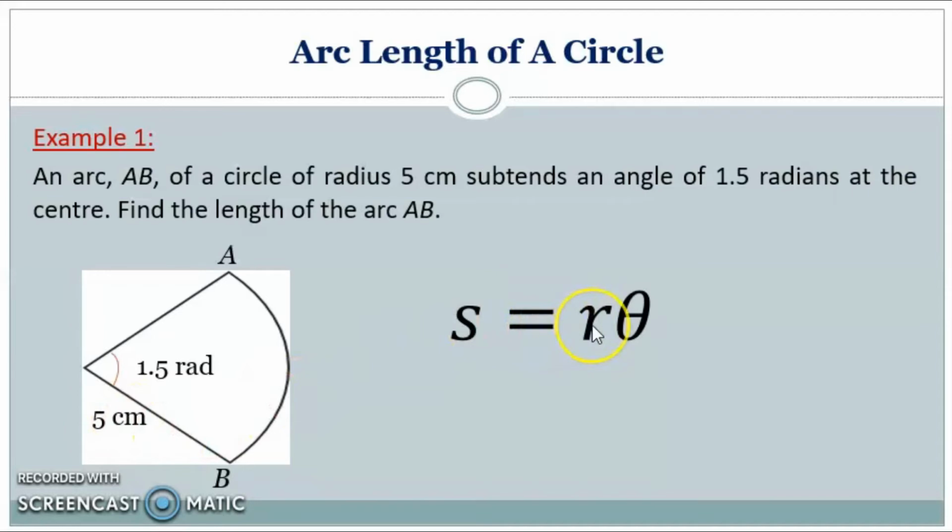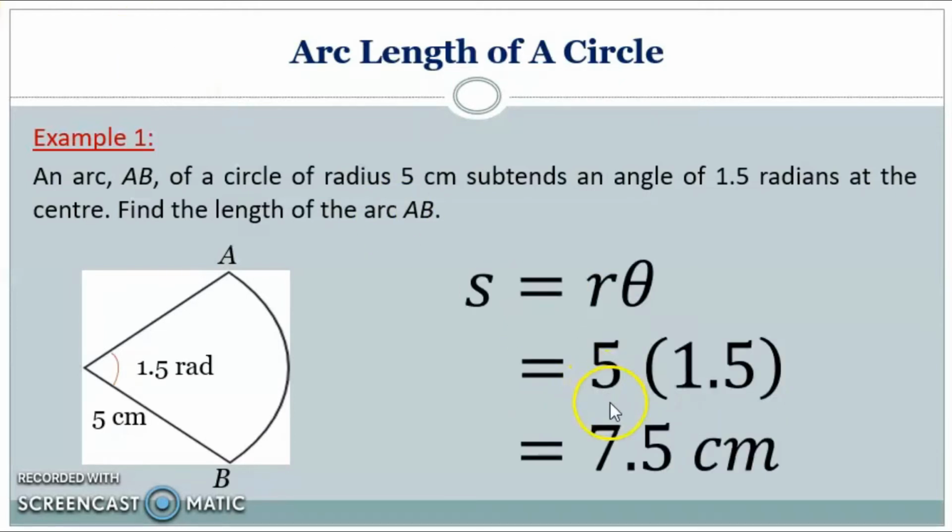Using the formula S equals R theta, we substitute R by 5 centimeter and theta as 1.5 radian. Multiplying both these values, 5 times 1.5 gives us the arc length of 7.5 centimeter.